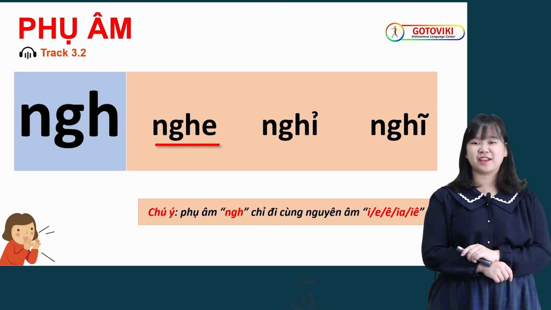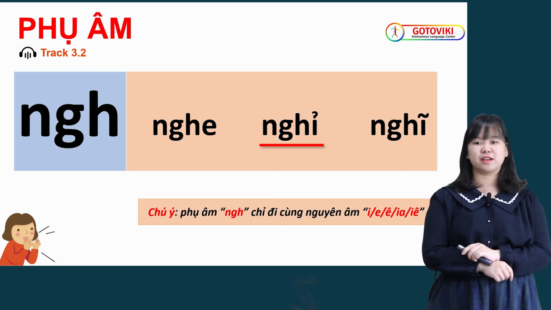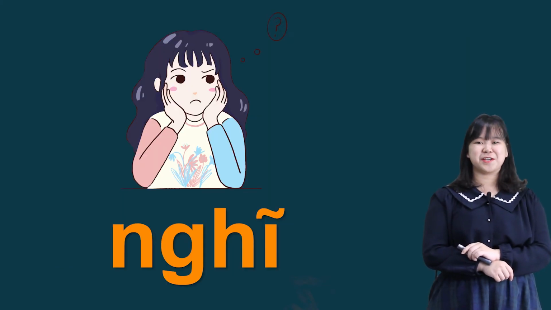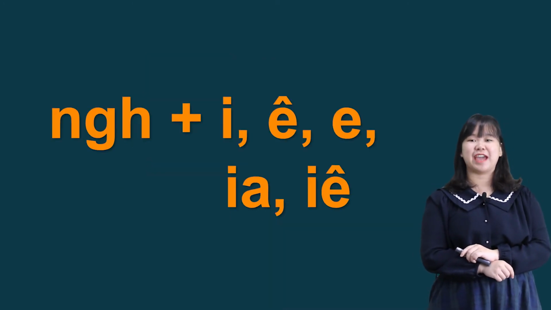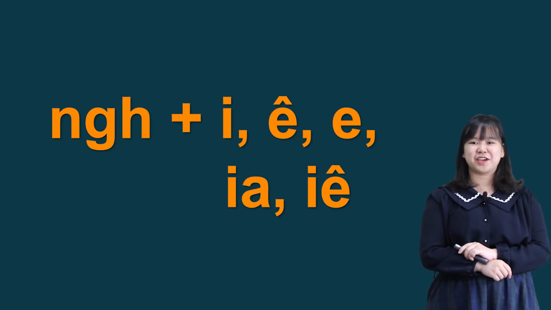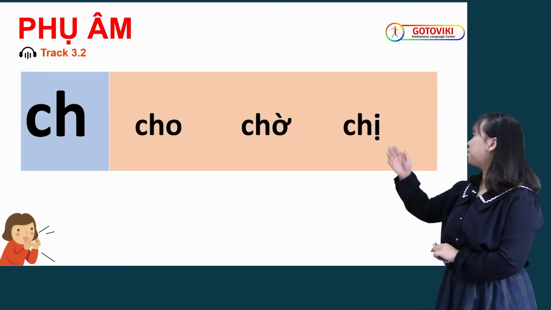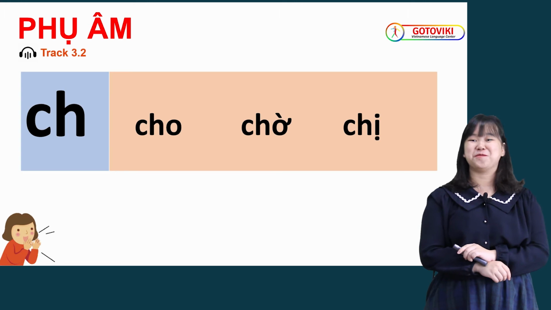Nghe, nghỉ, nghĩ. Nghĩ is to think in English, and the same as the letters K and G ghép, ng ba in Vietnamese can only go with three letters, i, e, and ê.